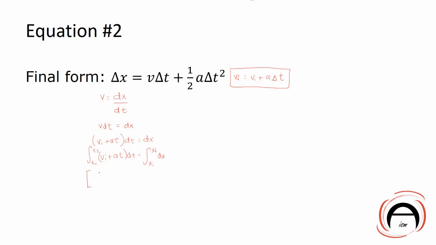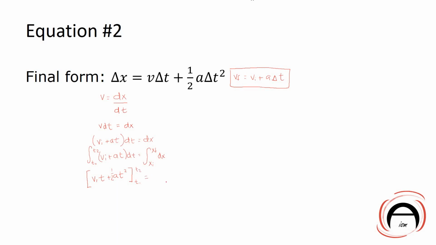Since this v initial, we know what this is going to be for sure. What we can say is this can act as kind of like a constant. So in finding the antiderivative of that is just going to be vi times your t term plus 1/2 a times t squared from t1 to t2.